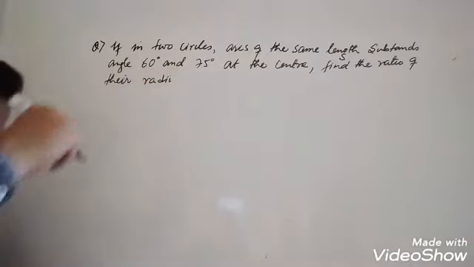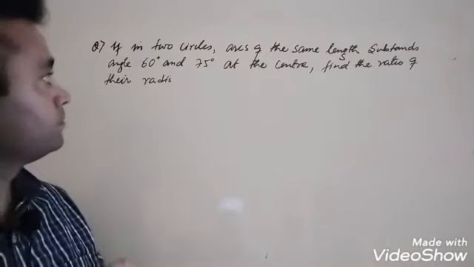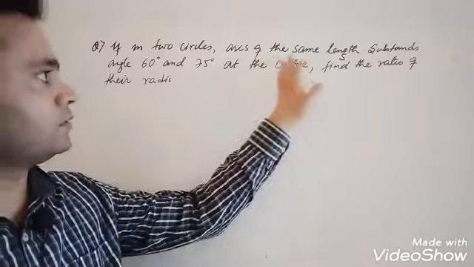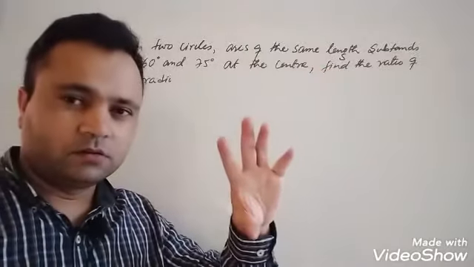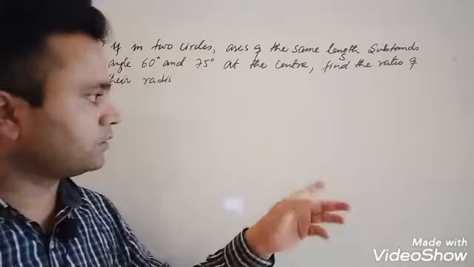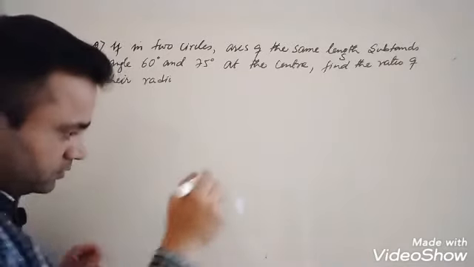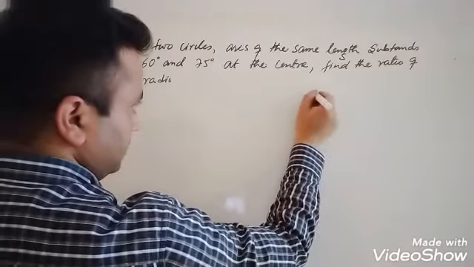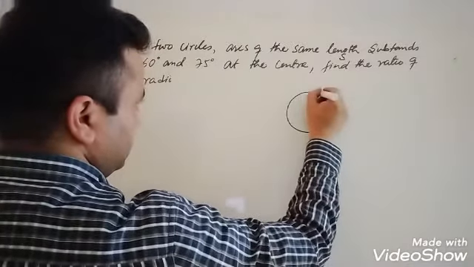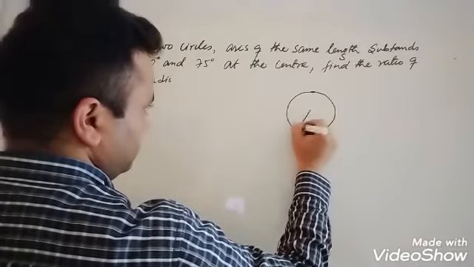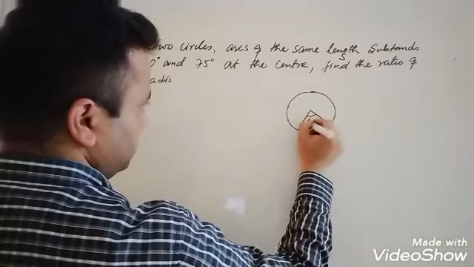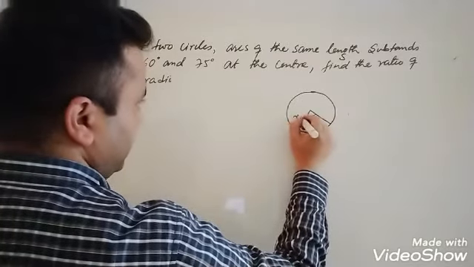Okay. The question is, if in two circles arcs of the same length, it means in two circles the lengths of arcs are the same. So this is one circle. Now it is a 60 degree angle, so the radius is R1.